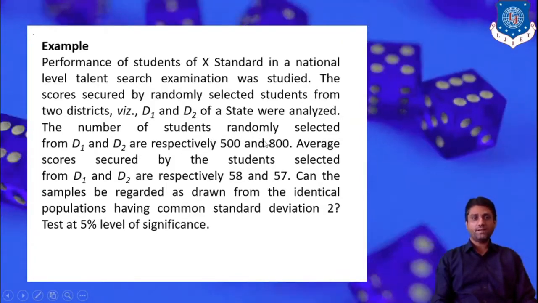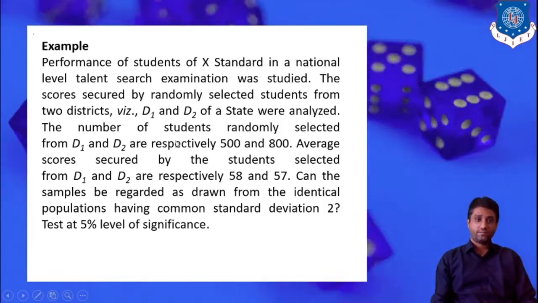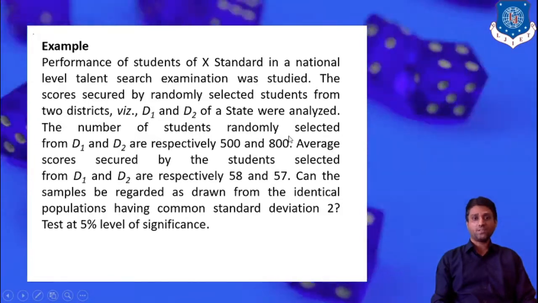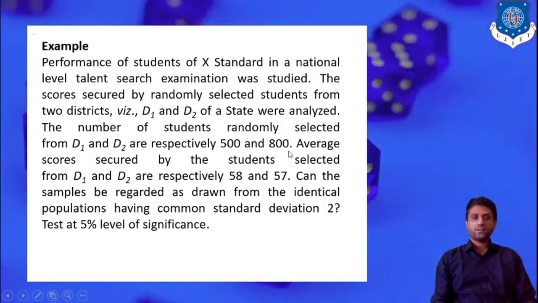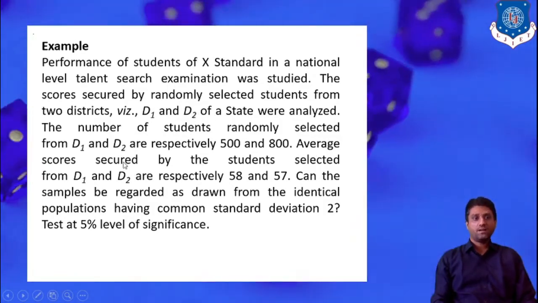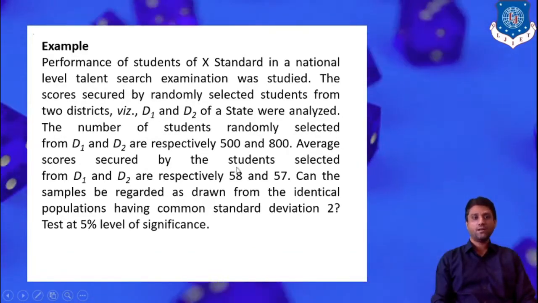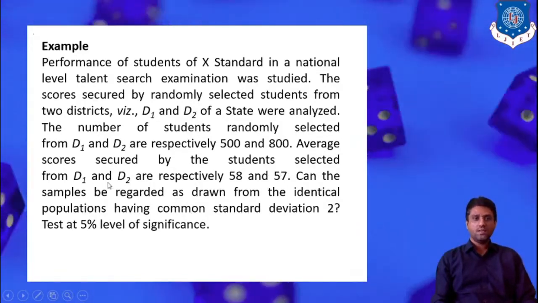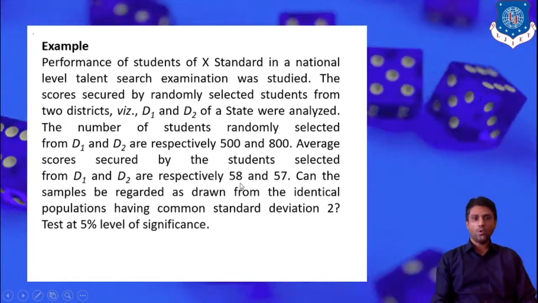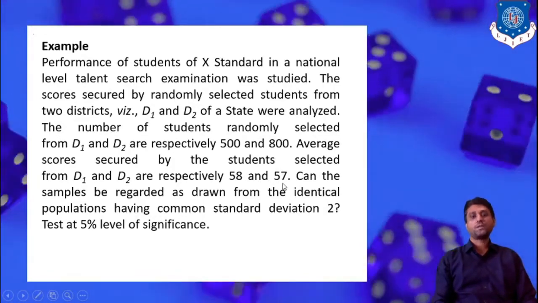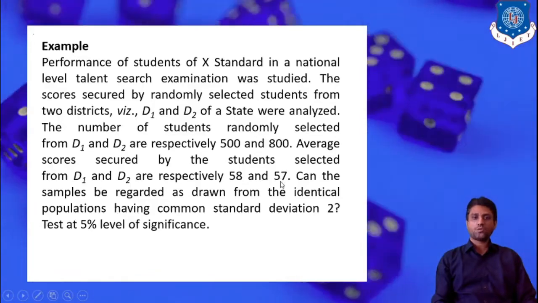The numbers of students randomly selected from district D1 and district D2 are 500 and 800. Remember, the students are randomly selected: 500 students from the first district and 800 students from the second district. Now the mean is given; see carefully. The average scores secured by the students selected from the first and second districts are 58 and 57, that is, mu x is 58 and mu y is 57, where mu x is the mean corresponding to the first district and mu y is the mean corresponding to the second district.